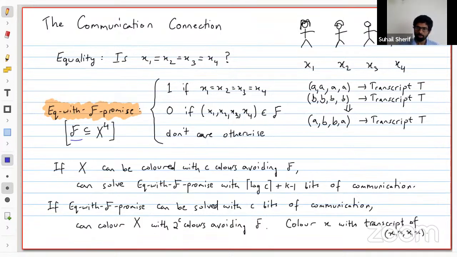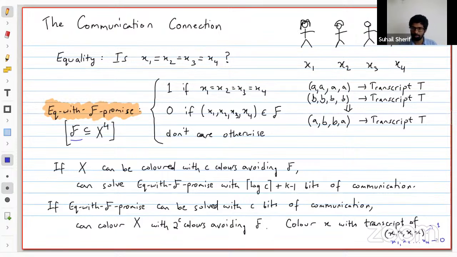So now what you can do is you can color the element X with the transcript of the protocol when its input was just all X's. And if you have 4 different Xi's which have the same transcript, then that means that because of this transcript property, you'll have the same transcript even on X1, X2, X3, X4. But the output over here has to be 1, and the output over here has to be 0.